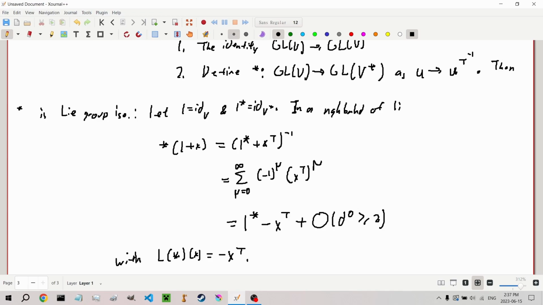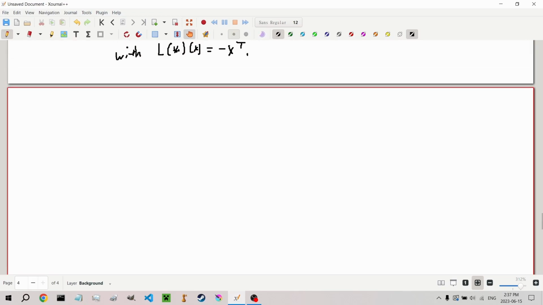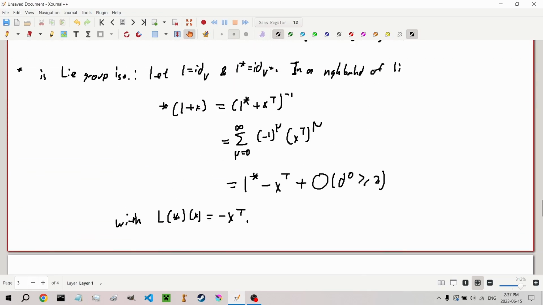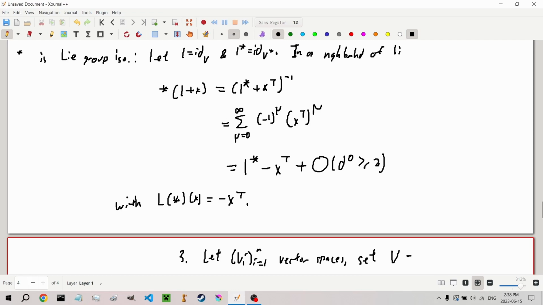Okay. Third, we're going to do this on a new page. We're going to let the collection of Vi from 1 to n be vector spaces, and we're going to set V to be the tensor of all of these.